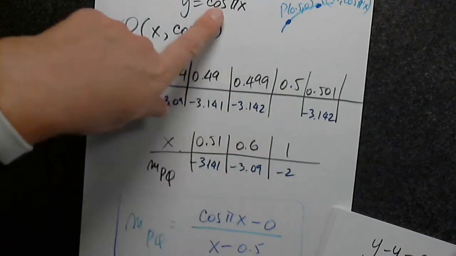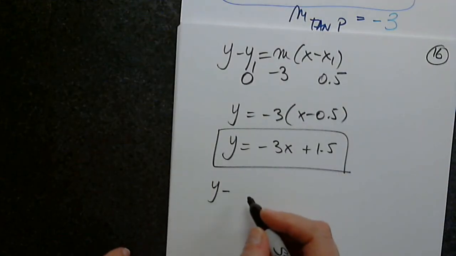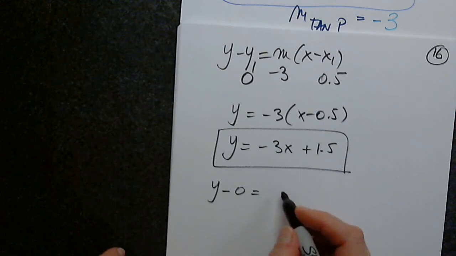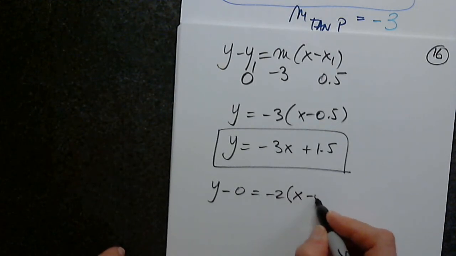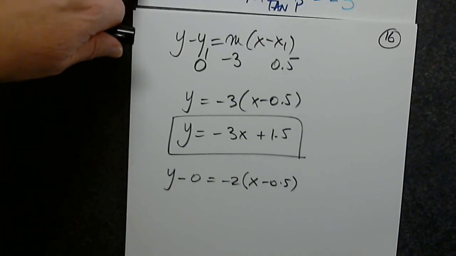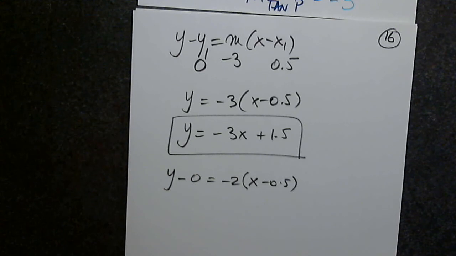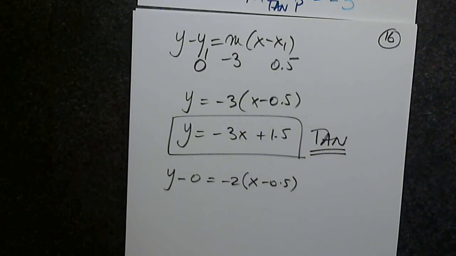I already have the slope and the point. So let's do that. So it's y minus 0 again equals the slope, which is -2, and x minus 0.5. We're finding the tangent line. No, I'm finding the equation of any secant line. We already found the tangent. This is the equation of the tangent line at P.